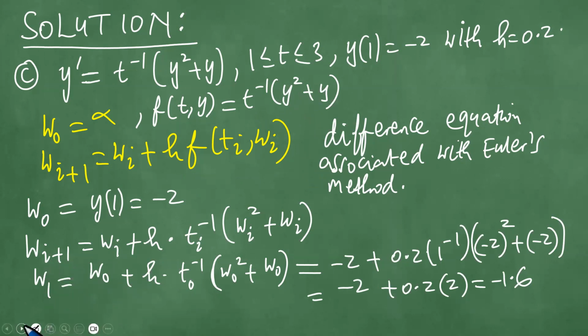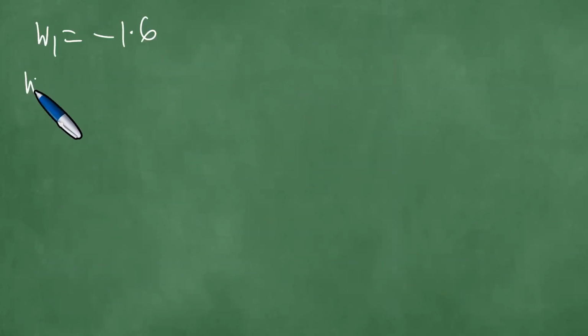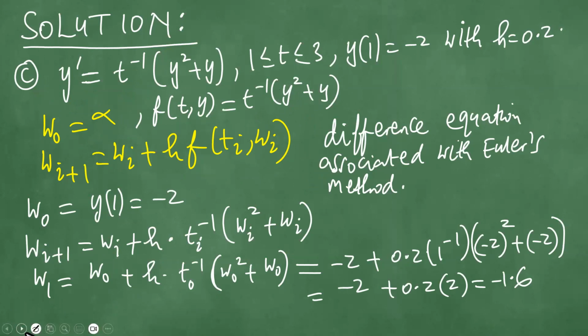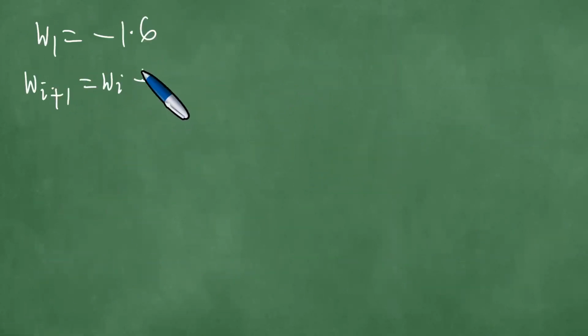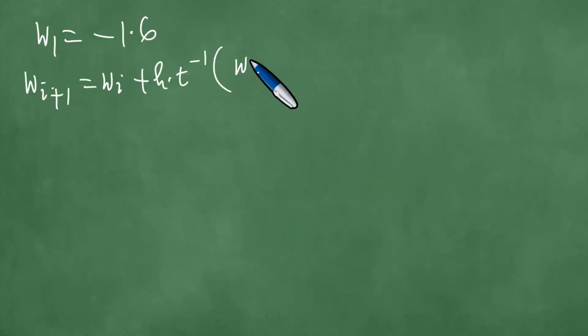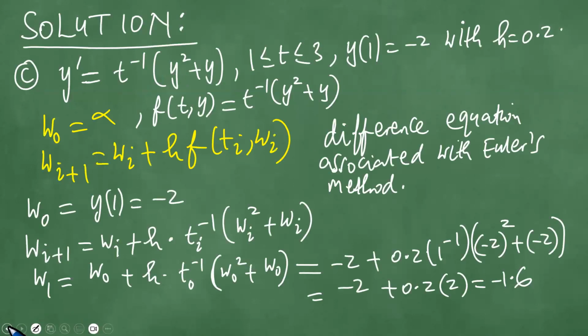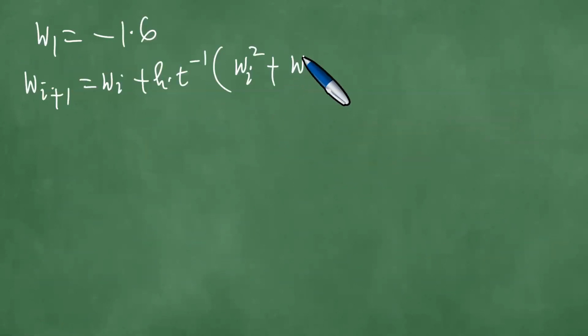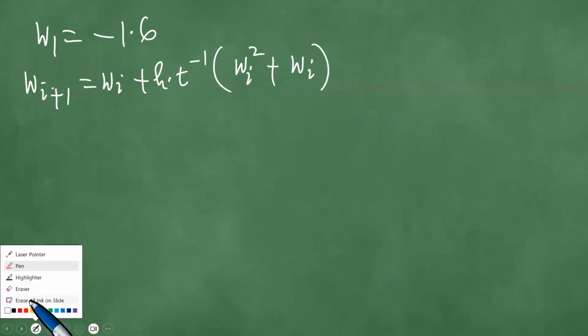I'm just going to write the formula here. W_{i+1} equals W_i plus H, T to the minus 1, W_i, plus W_i.